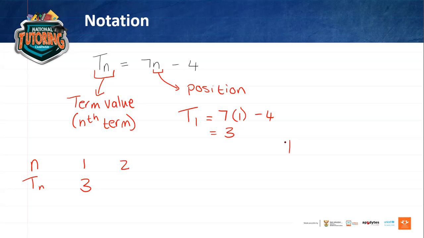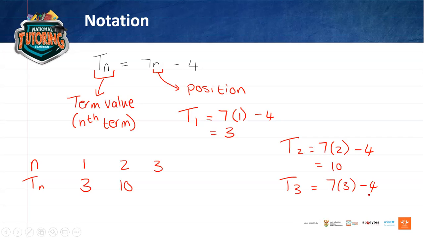We could work out the second position if we wanted to, 7 times 2 minus 4, and we'd get 10, and so on. Let's do the third one as well. The third position would be 7 times 3 minus 4 to get our answer of 17. And we could continue this pattern.